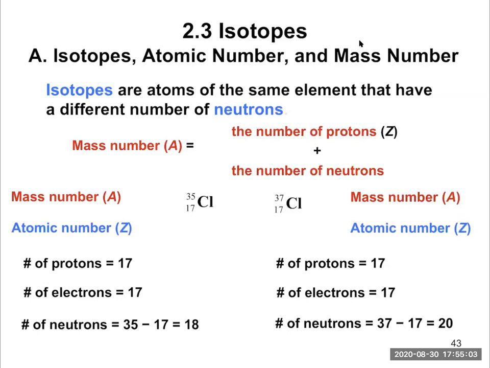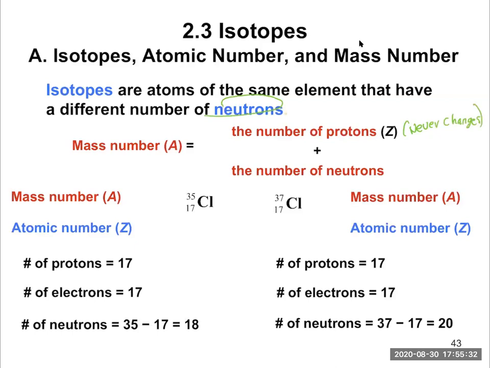Isotopes are atoms of elements, remember, that have the same number of protons, but a different number of neutrons, which means that the mass is going to change. For example, the mass number is the number of protons, which never changes, plus the number of neutrons.